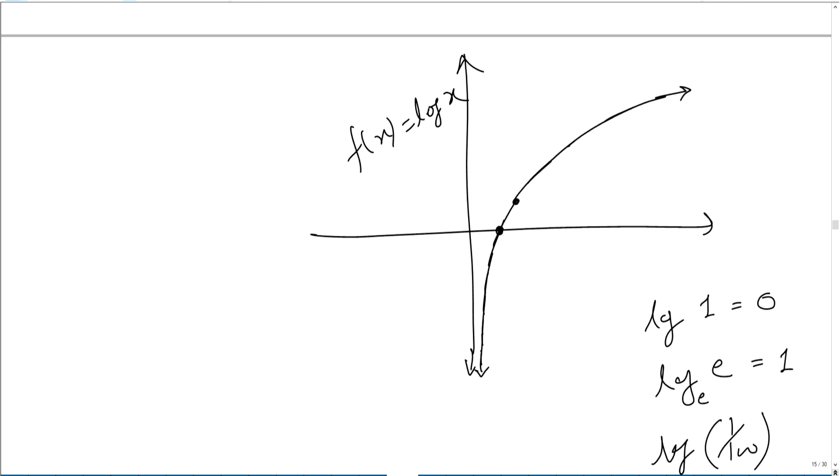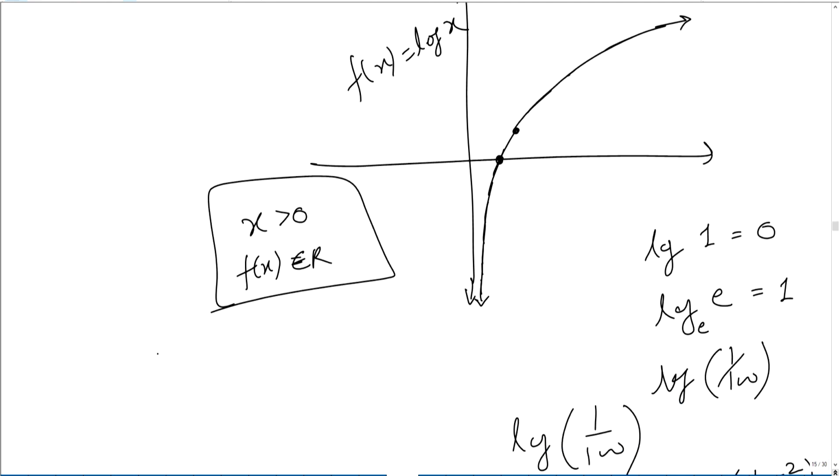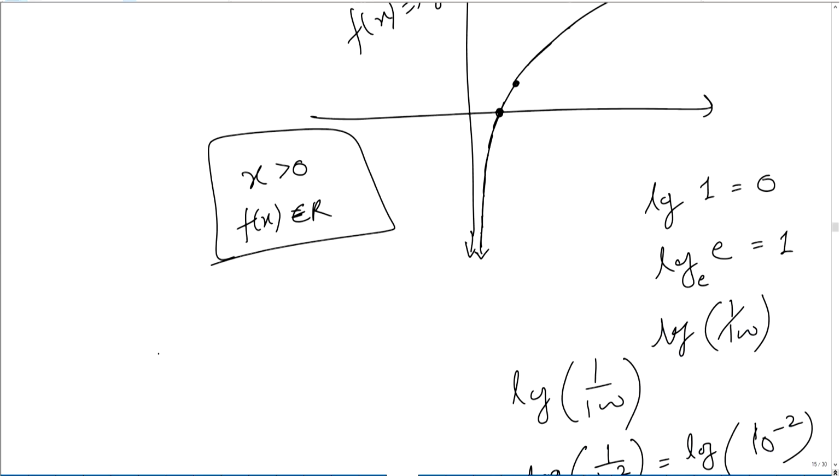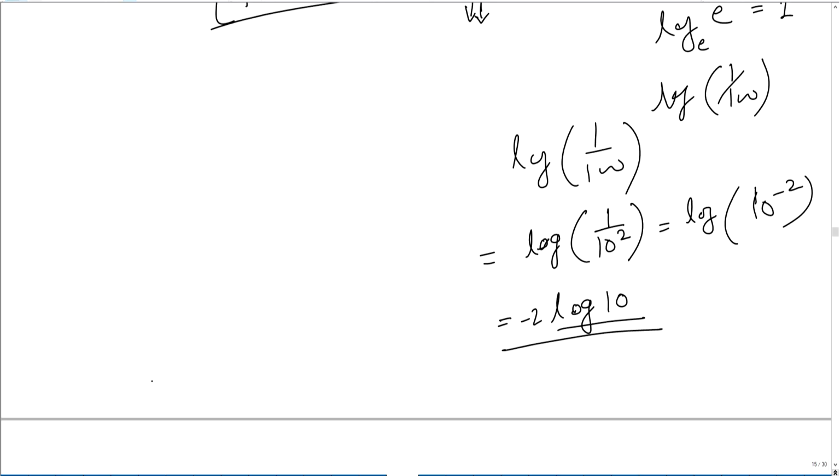The same would follow for the domain here, so x has to be greater than 0. So a logarithmic function is not defined when x is 0 or x is negative. x has to be greater than 0 and the function can take any real value. That is how the logarithmic function behaves.